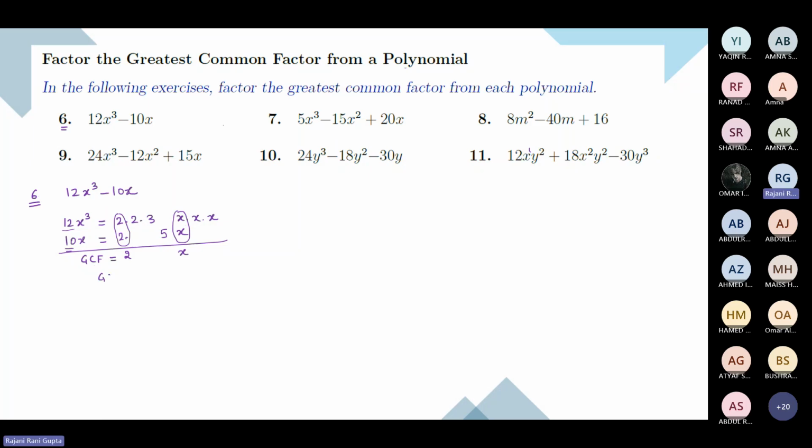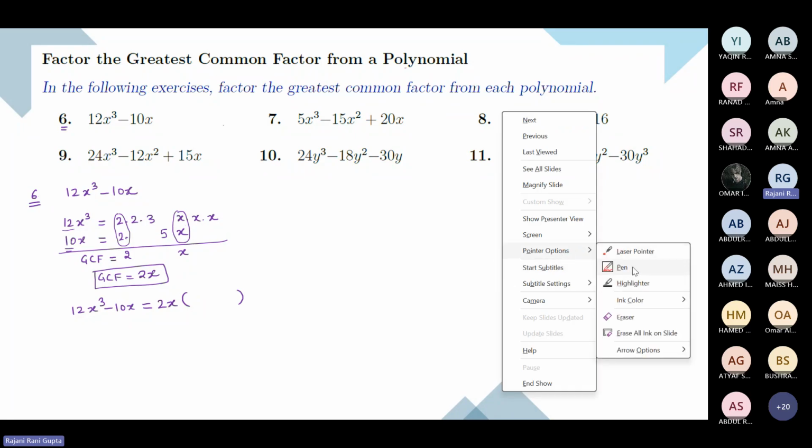So your greatest common factor is 2x. Now, what is different here? Let's rewrite our question: 12x power 3 minus 10x. We can write it as 2x multiplied by some number, and we have to find out what that is.